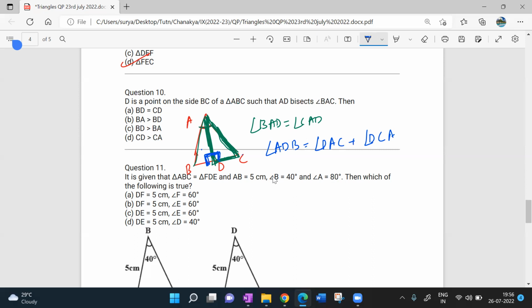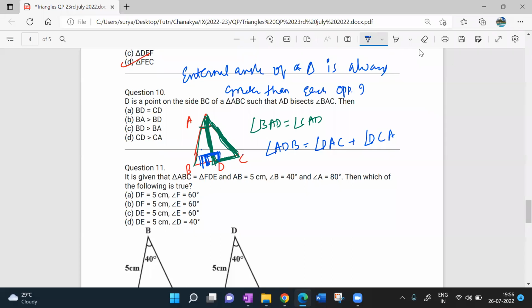What we know actually, let me write here: the external angle of a triangle, this is the external angle, okay, is always greater than each opposite internal angle of the same triangle.